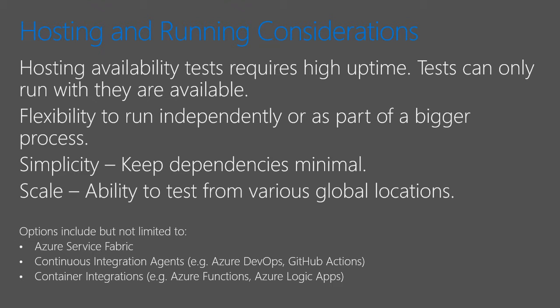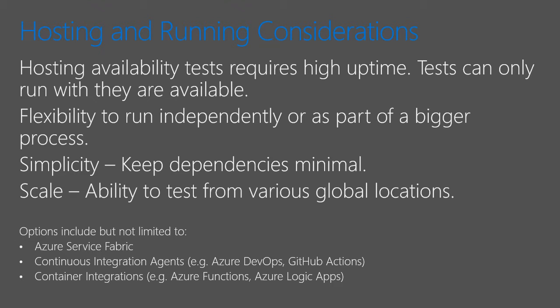Flexibility is another one that's going to be key when you're creating your test. Build them so that they're simple, and as we see there, this simplicity is key for keeping your dependencies minimal. You want to make sure that your test is not doing too much. We don't want any sort of blocker or single point of failure.